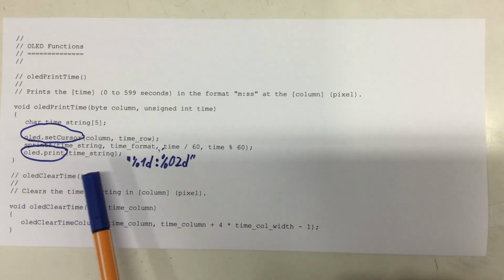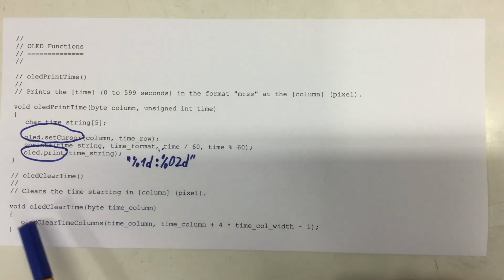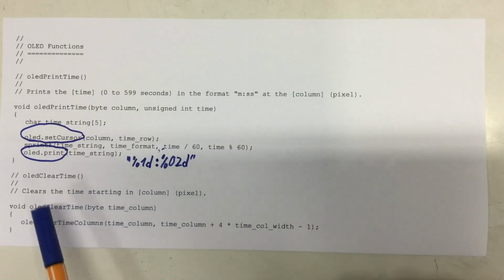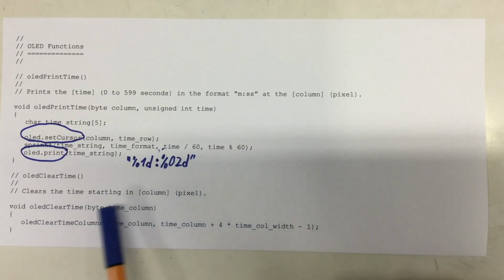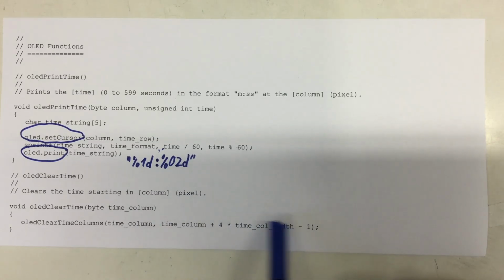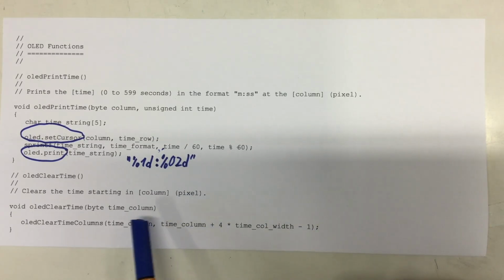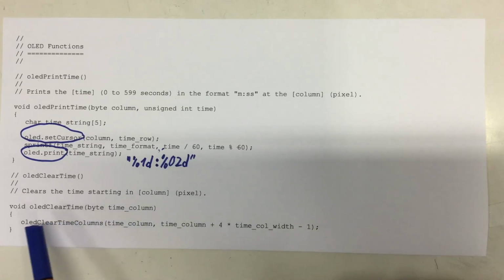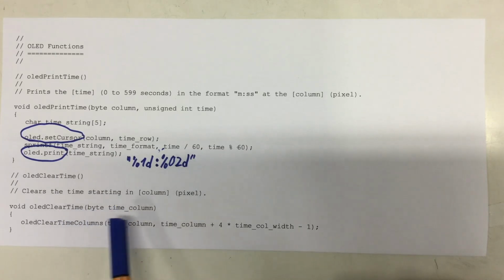Yeah, OLED clear time deletes a whole time. I just give it as parameter my time column, so either set time or run time, and the function calculates from which column in pixels to which column in pixels and calls the OLED clear time columns. I will use that function again and again.